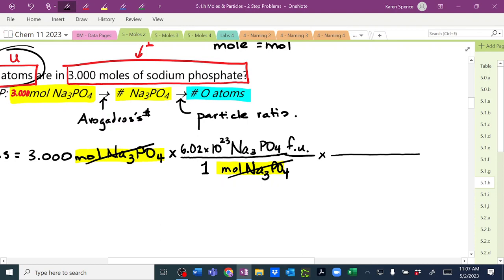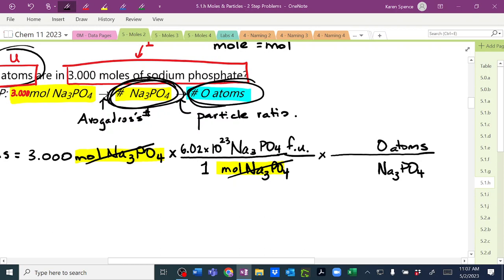We want to go now from Na3PO4 to O atoms. So let's cancel our Na3PO4 and let's find O atoms. Tell your partner what number goes on the top and what number goes on the bottom.